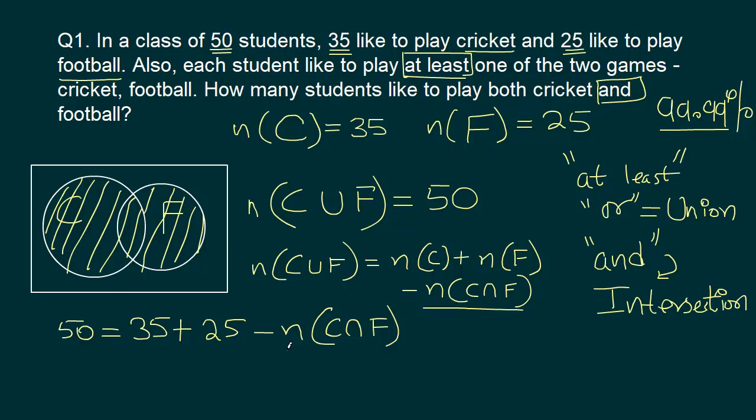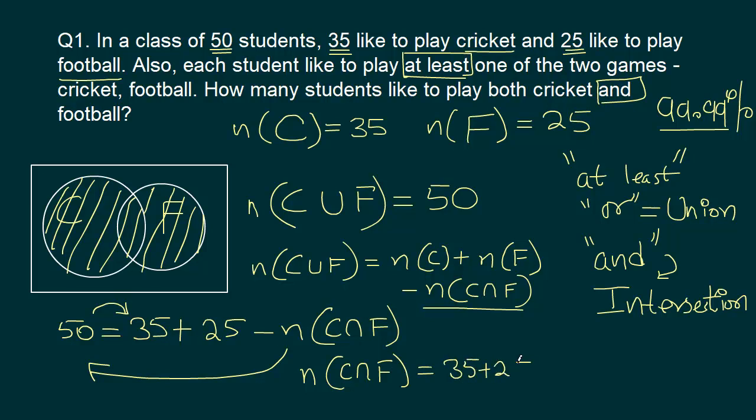So let's get this over here and get 50 on this side of the equality sign. So what we will have is N of C intersection F will be equal to 35 plus 25 minus 50. When we add, this will be 60 minus 50, or 10.